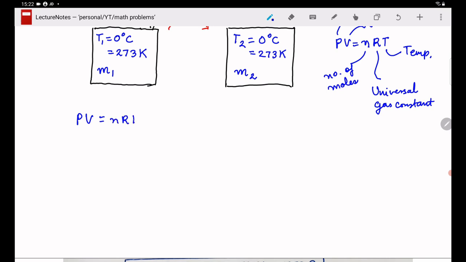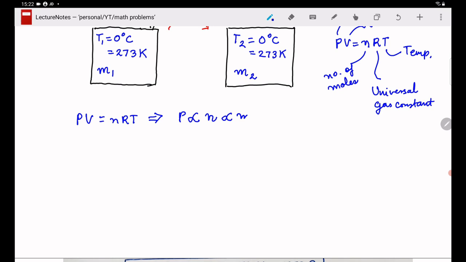Since V and T are constant, this implies pressure is directly proportional to n, which is the number of moles. And since the number of moles is directly proportional to the mass of the gas, pressure is proportional to the mass of the gas.